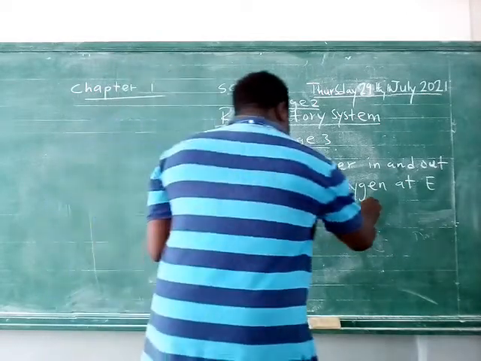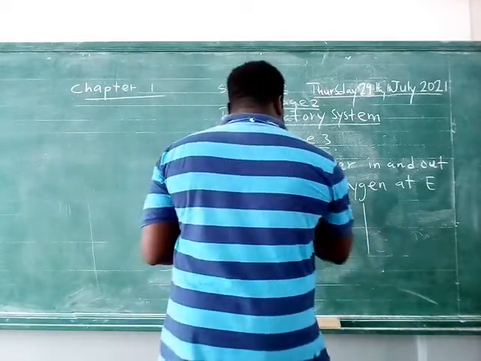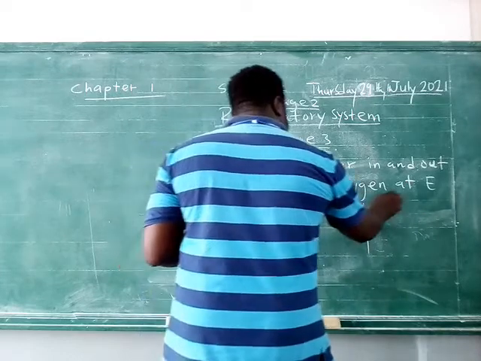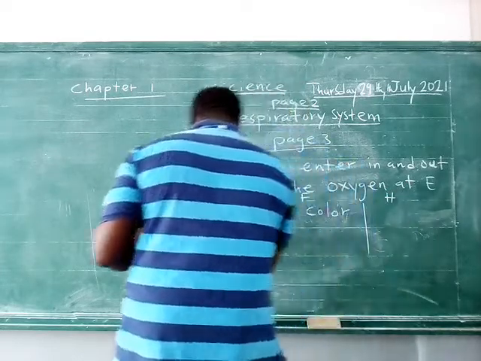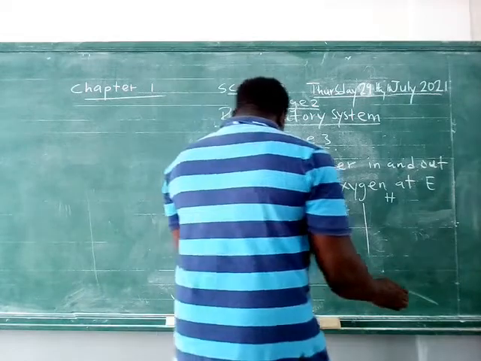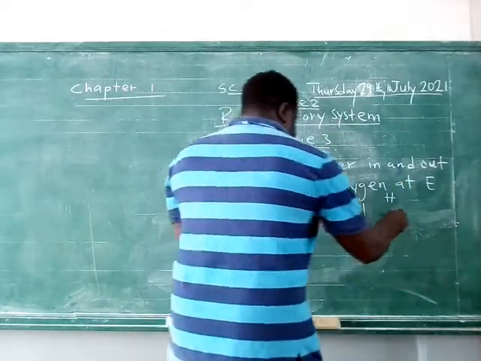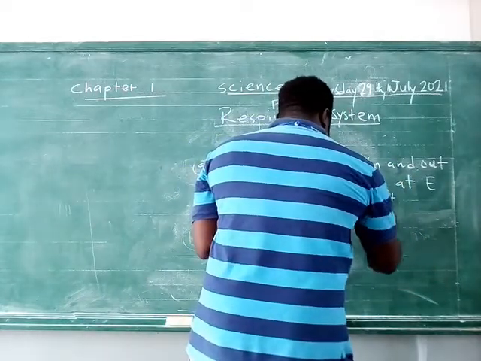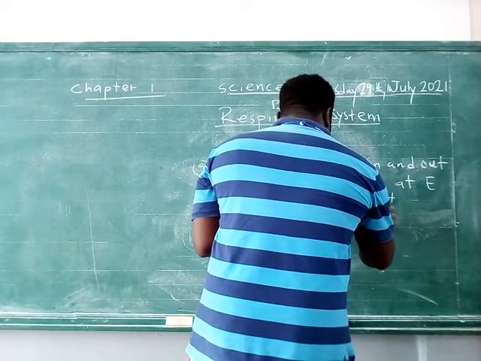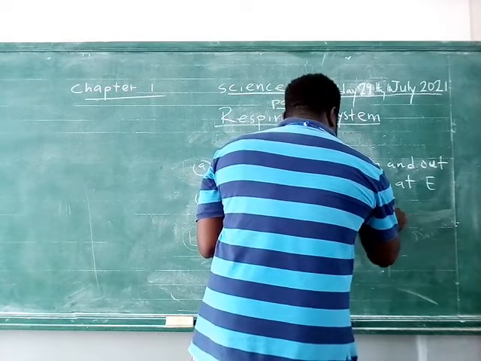And this is H. The blood in H is tinted.